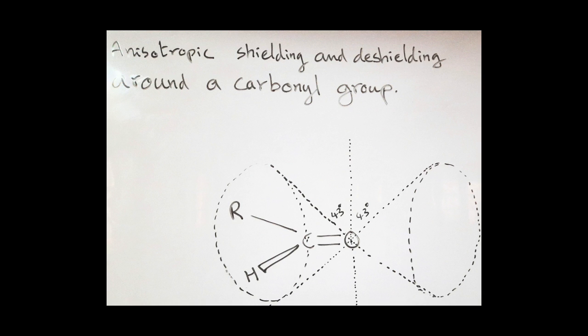In the next class we shall continue the anisotropic shielding and de-shielding effect operating due to the circulation of pi electrons in various compounds like ethylene or carbon-carbon double bonded compounds, carbonyl compounds, aromatic compounds, and acetylene compounds or compounds containing a carbon-carbon triple bond. If I continue, it will come to 2 hours. With this I stop.